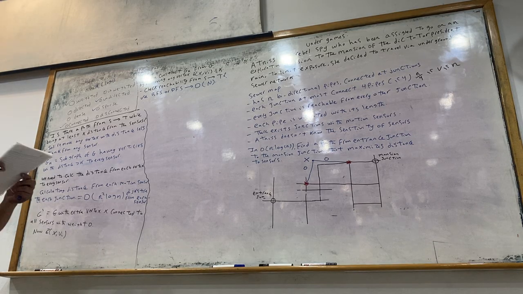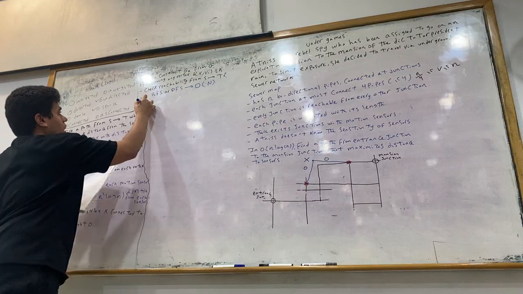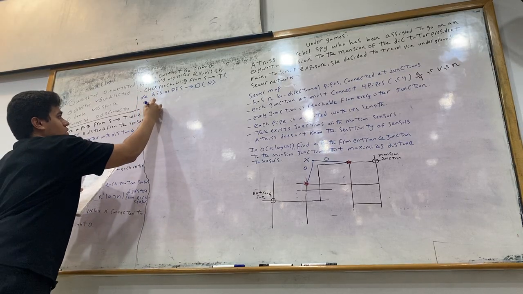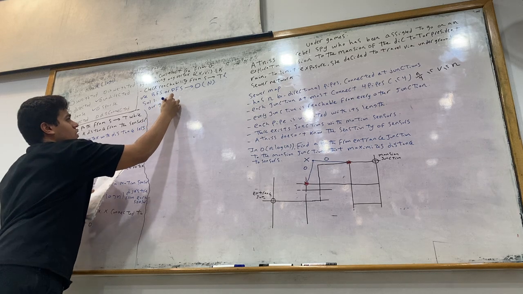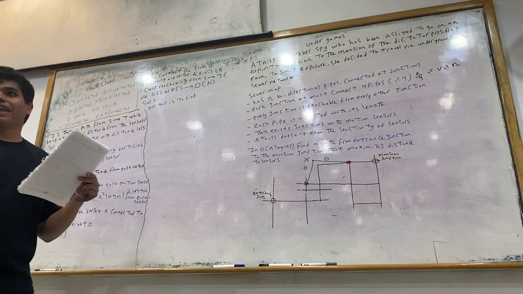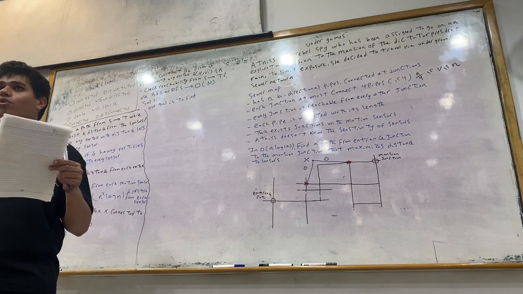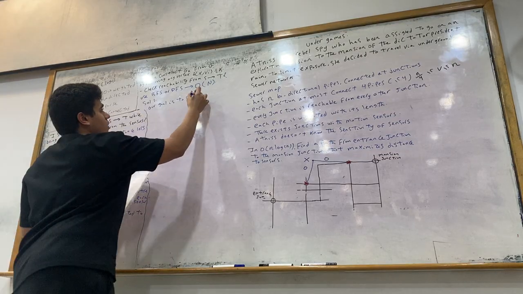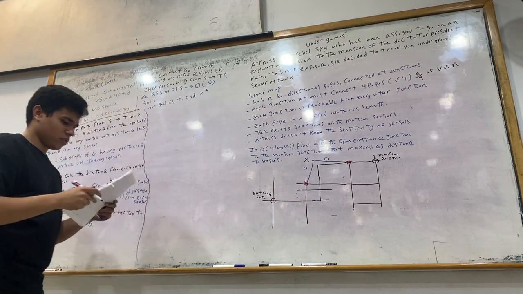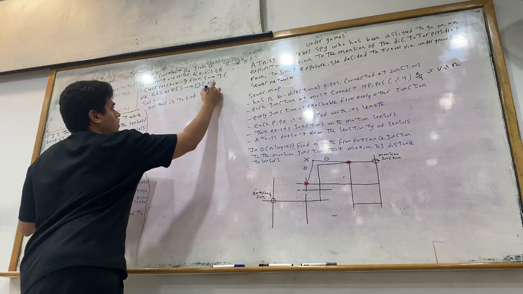Okay, what is the solution? Our goal is to find which k? The largest k such that we have a connection from S to T. So let's denote this. Our goal is to find k star. What is k star?